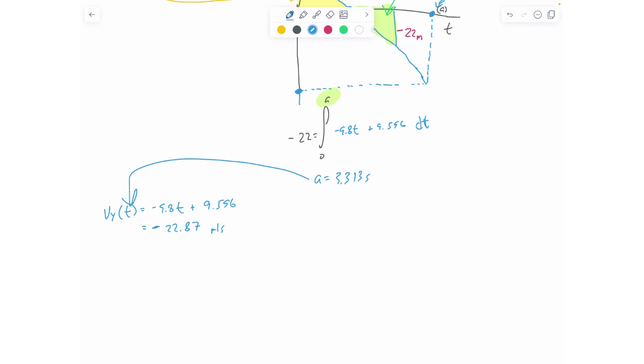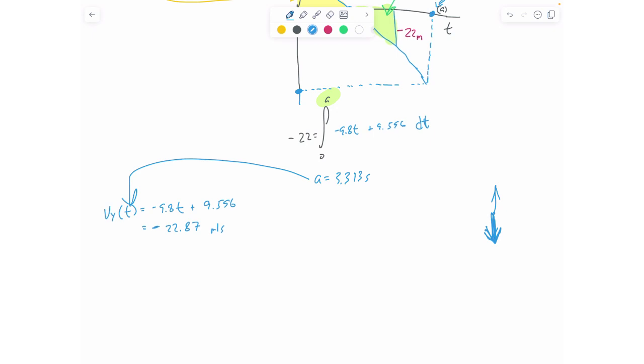So the negative here actually makes sense because this is velocity in y, and y only goes up or down. If I say negative, I know this is the downward vector, meaning the vector is not pointing up, the vector is pointing down. So basically, I know everything about this particular component: this vector is pointing down and its length is negative 22.87.